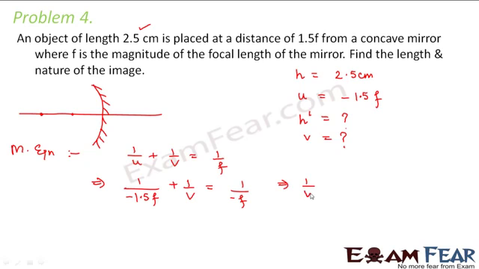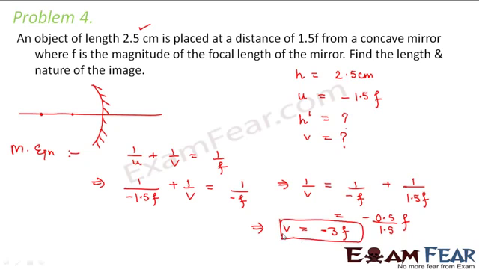So 1 by v is equal to 1 by minus f plus 1 by 1.5 f. This becomes minus 0.5 by 1.5 f. So v is equal to minus 3f. This is the value for image distance, right?